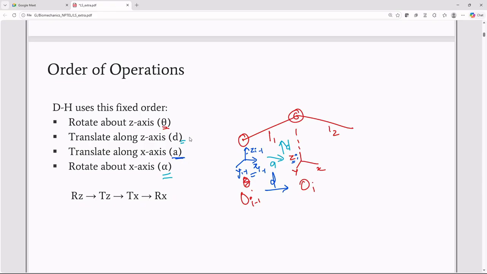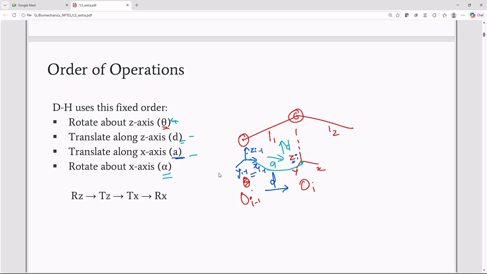After these two things, the position of Oi minus 1 and Oi becomes the same, because this is the translation. From this point, it will be moved to this point. And we did these two operations after fixing the orientation of z-axis. So these three things are already set.